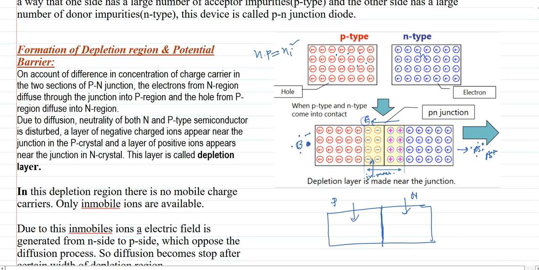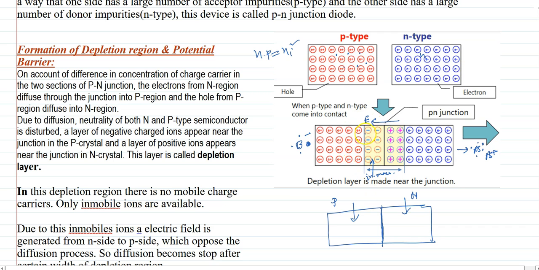This electric field repels the holes from diffusing towards the n side, and also repels the electrons from going towards the p side. That's why we get a depletion region, and the width of the depletion region depends on the electric field and also the doping concentration.